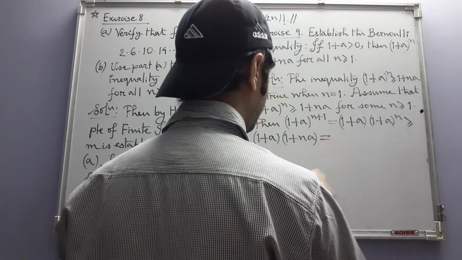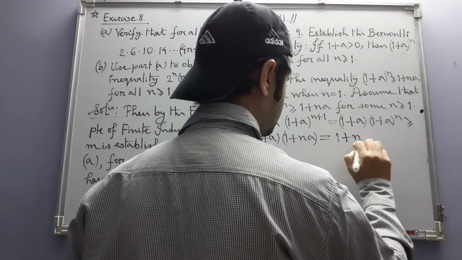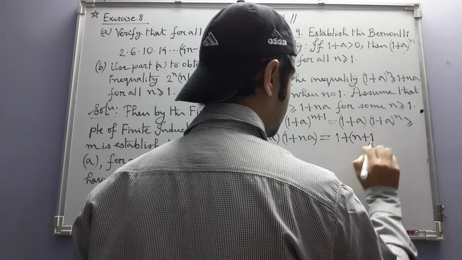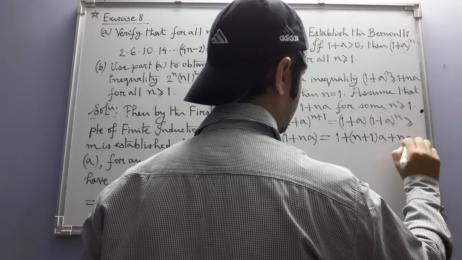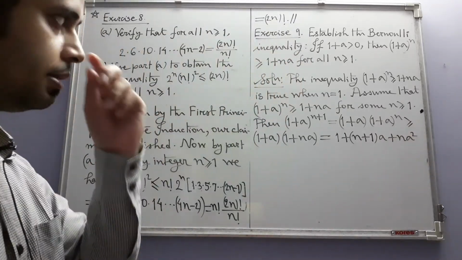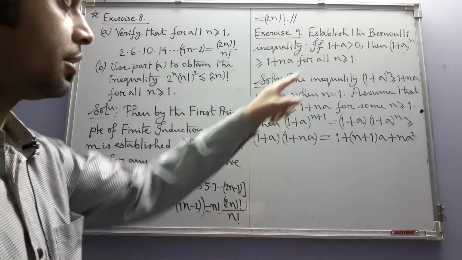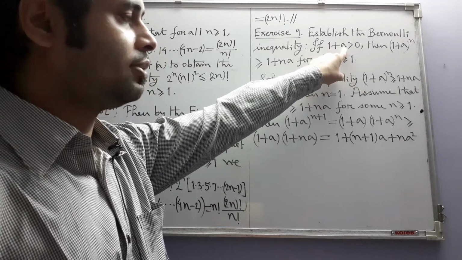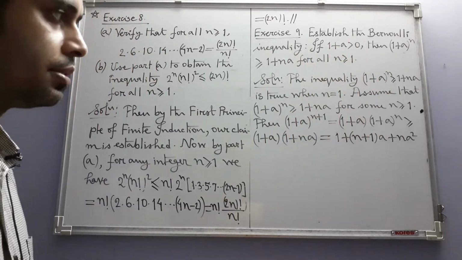Now if we multiply the terms out, we get 1 plus n plus 1 times a plus n a square. Whatever real number a is, a may be negative also, keep that in mind. a may be negative but so small that 1 plus a is ultimately greater than 0.